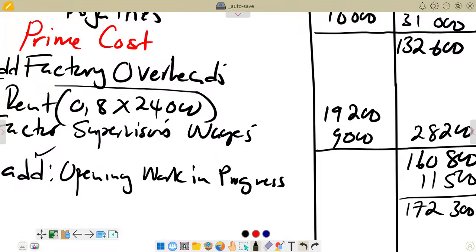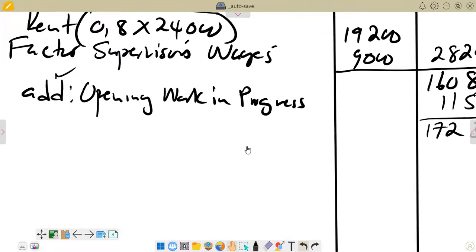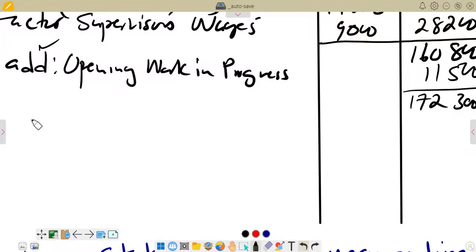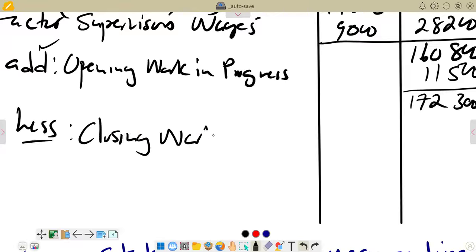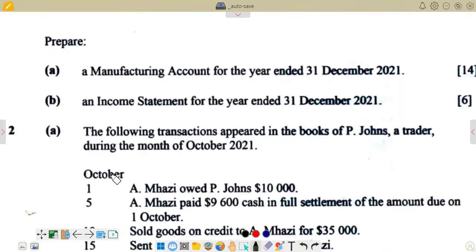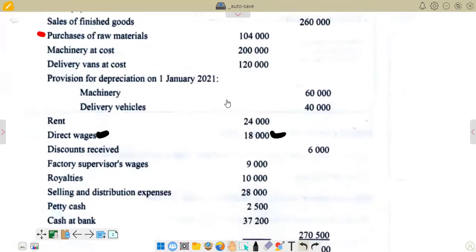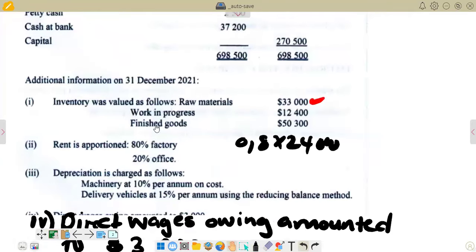So we are saying 172,300. Then obviously now, lastly, you are supposed to subtract your closing work in progress. So we are saying less closing work in progress. The closing balances of our inventory are supposed to be in the additional information. So you can go down to see what we have in terms of our closing balance of work in progress.